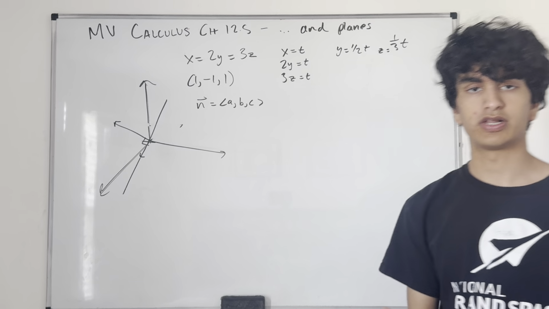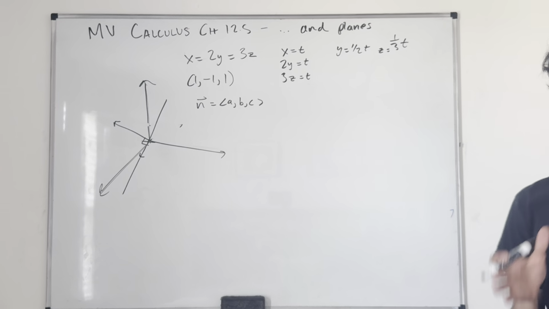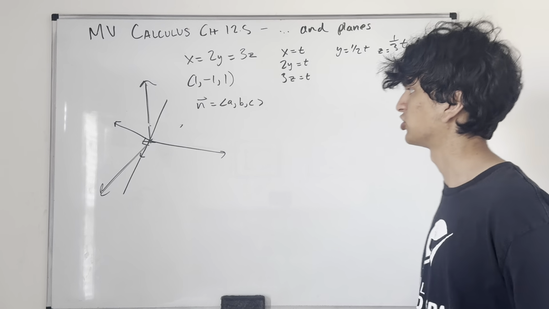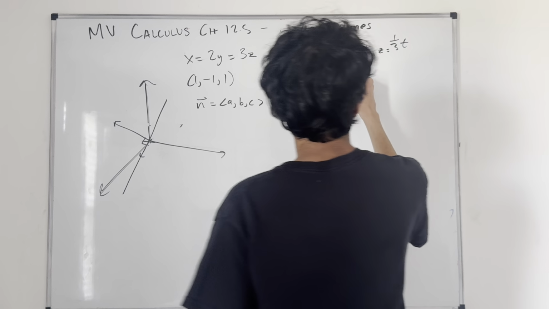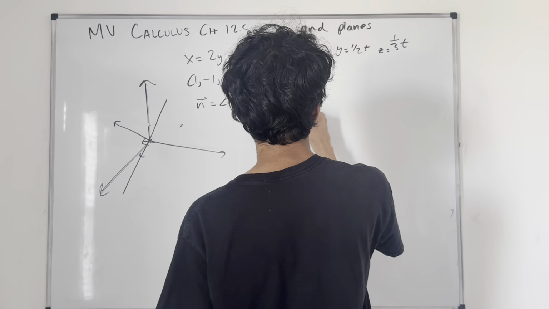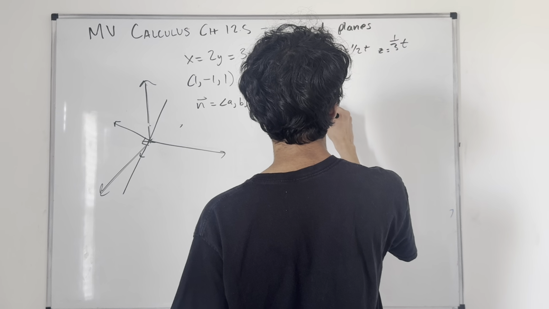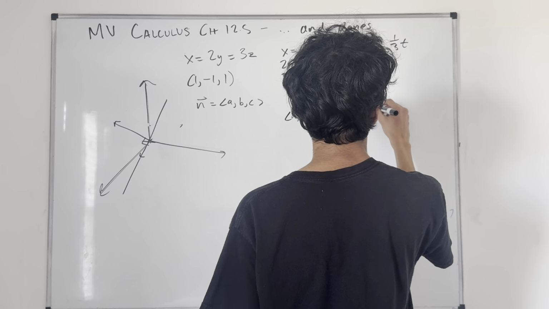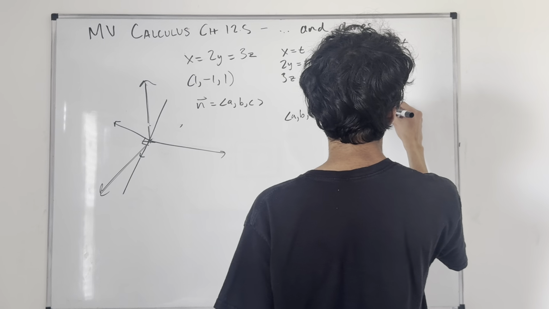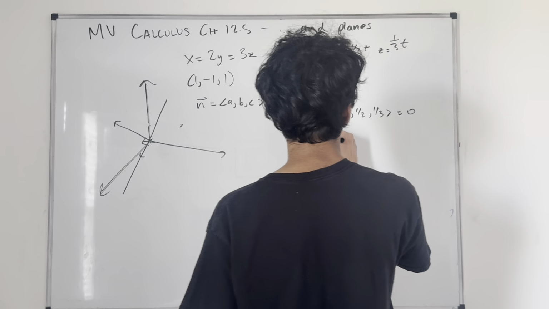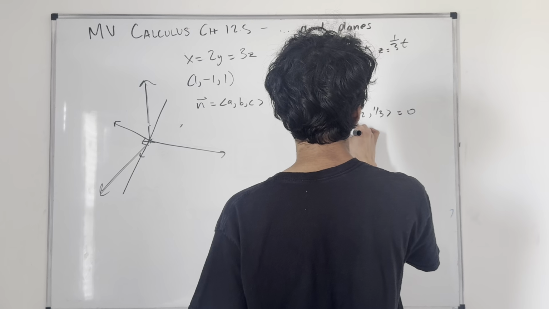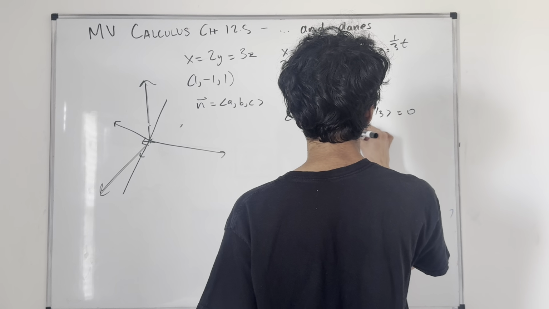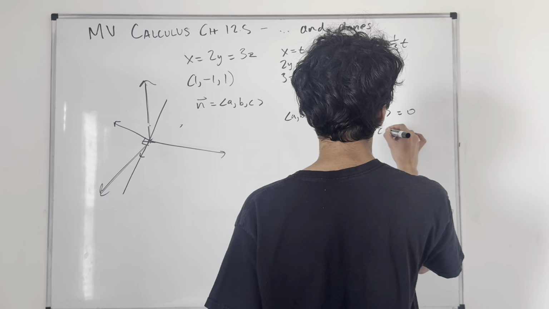Remember from our equation of a line, those coefficients tell us the direction of the line. So I know that a, b, c dot 1, 1/2, 1/3 needs to equal 0, or in other words, a plus 1/2 b plus 1/3 c equals 0.